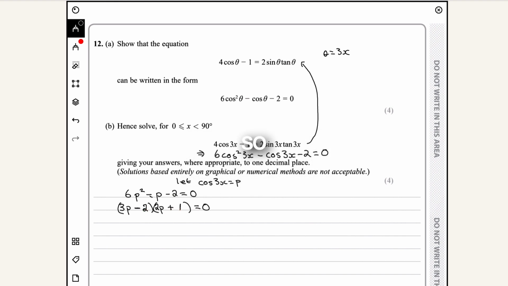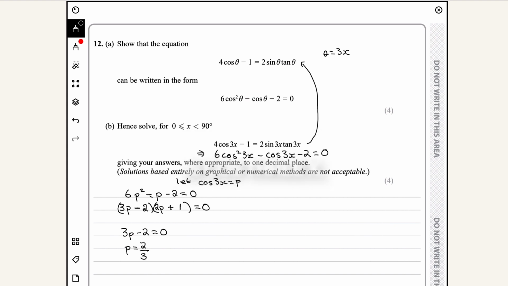So I've factorized this just by inspection, just by trying out some numbers, but an educated guess of some numbers here. Okay, so if I know that this multiplied by this makes 0, I know that 3p minus 2 will equal 0, which would imply that p equals, let's take the 2 onto that side and divide by 3, so p equals 2/3.